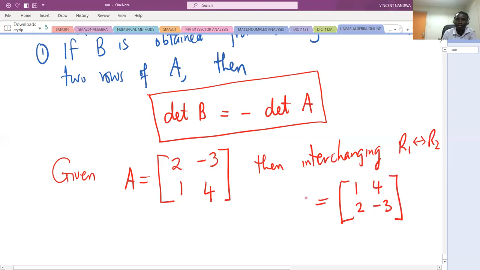Let this new matrix be B. Then if we find the determinant, this is an example to illustrate this property.